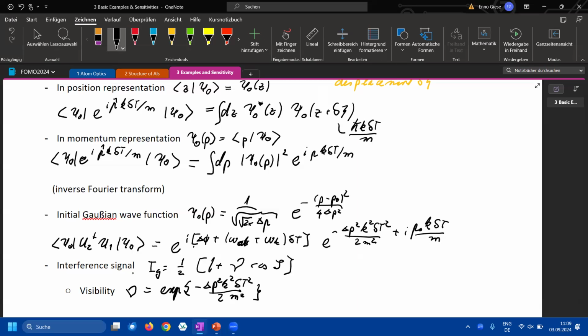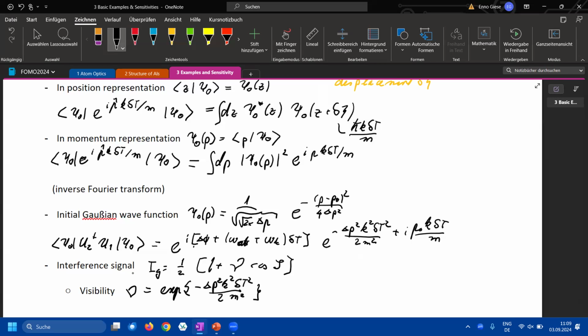Next point, gravity gradients. If you have forces and each arm experiences a different force, also those arms will not perfectly overlap at the final beam splitter. And so gravity gradients, which means that there is a different force on each arm, which is an anharmonic potential effectively. That means you have locally a different force, if you like.